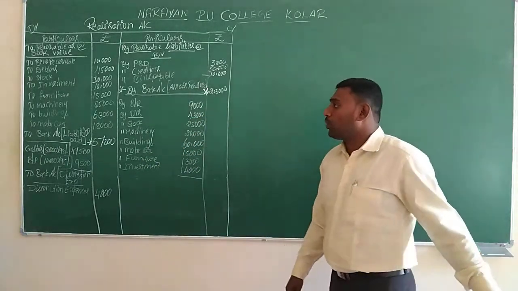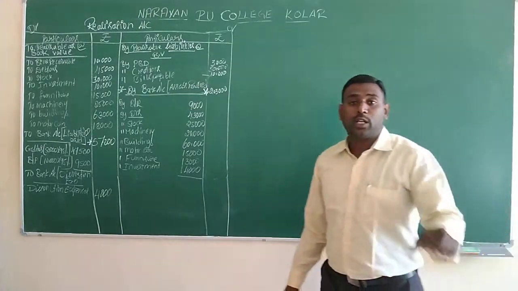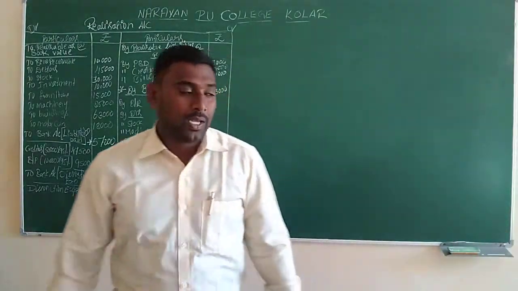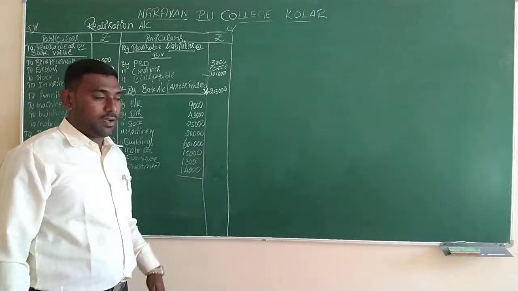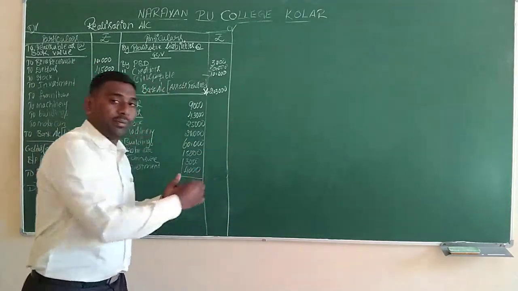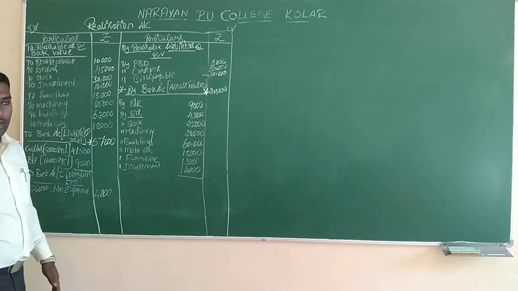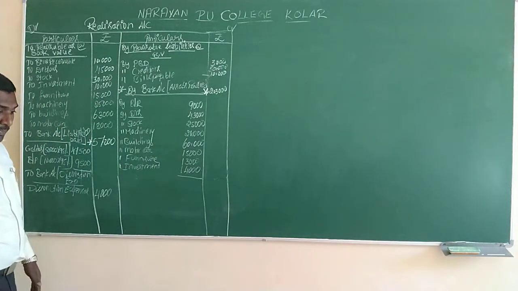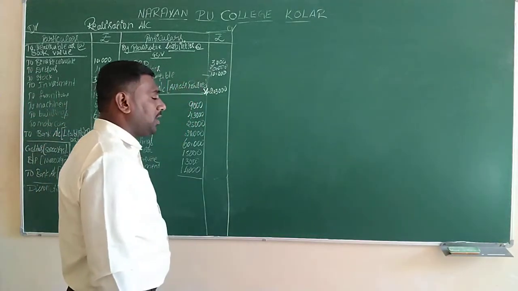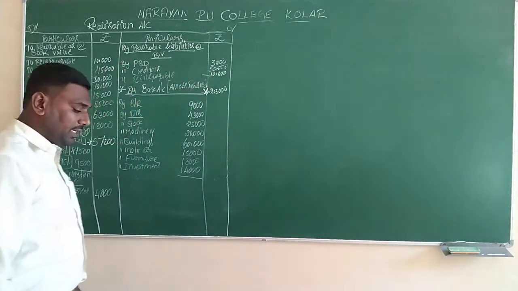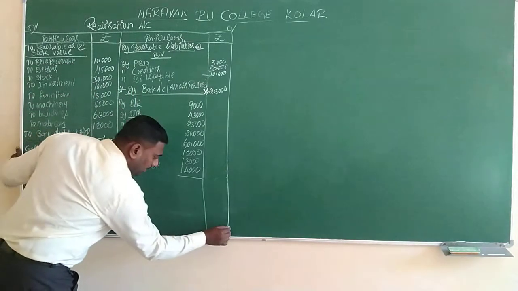Now it's time to close the account. In this chapter, making the total is difficult. Sometimes we get a profit, sometimes a loss, sometimes the credit side has the highest value, sometimes the debit side. But in this question, the debit side has the highest value, which is 2,77,000 under the debit side total.